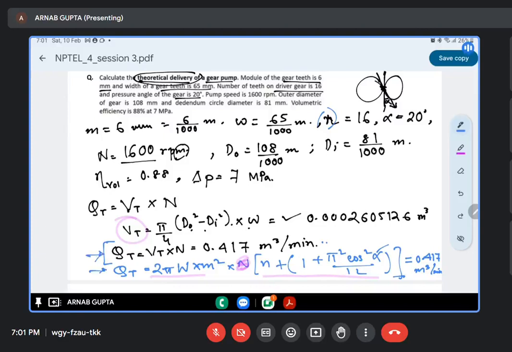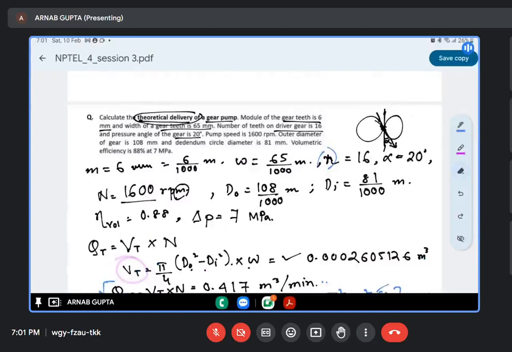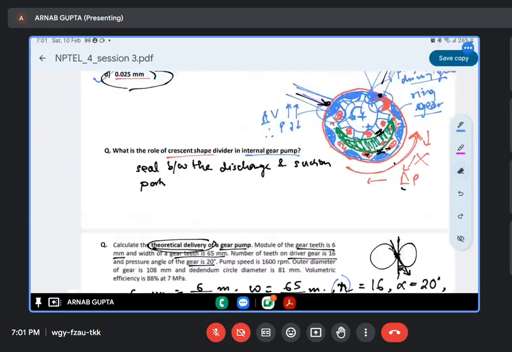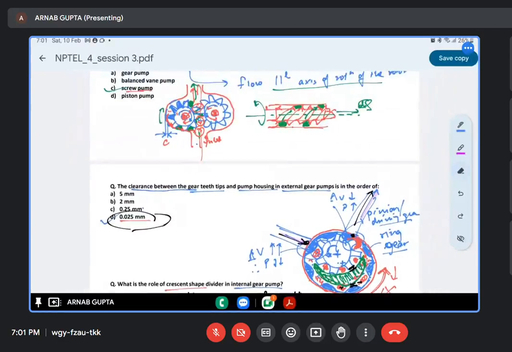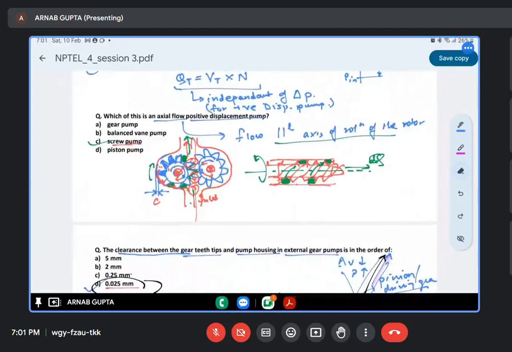Basically, if you look at the configuration of an external gear pump, that is this one, then you will find that, if I'm just considering one particular gear, say this one, so if this half is half of one gear, say, and this half is half of another gear.